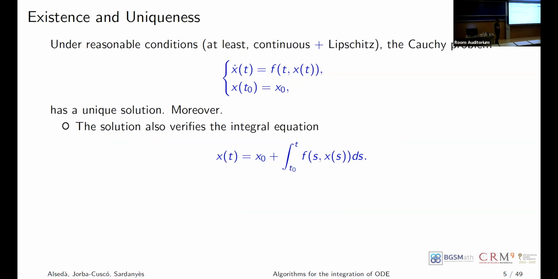I said that the solution is unique, and in fact, it exists with a little bit of requirements on the function and on the vector field. And those requirements are minimal in the sense that you need the vector field to be continuous with respect to two variables and Lipschitz with respect to the second variable.